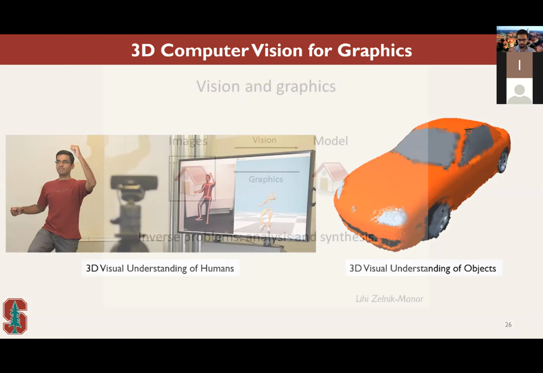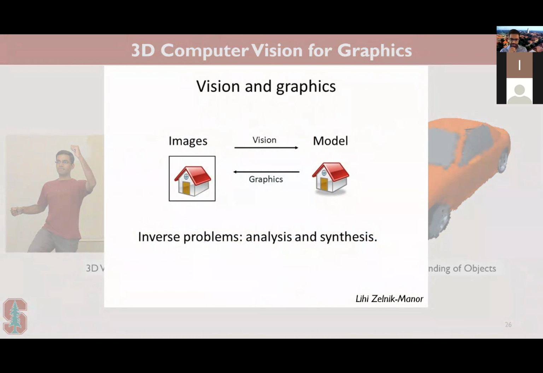If you think about what computer vision is, computer vision is about taking images of the world and trying to create a representation of the world from the images. So you can think of creating a model of the real world through images that you take on the left. And what is computer graphics? Computer graphics is really the inverse process, right?